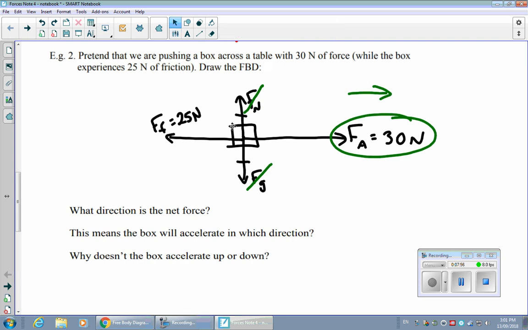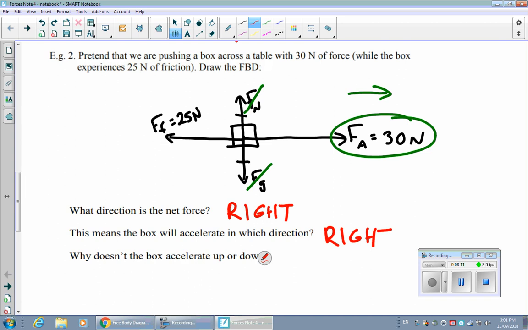So specifically in our case, we could say that it is going to accelerate to the right. Well, we should say first that the net force is to the right, and the box will accelerate also to the right. That little follow-up question, why isn't the box accelerating up or down, is something that I want you to think a little bit about, and we'll talk more about in class.